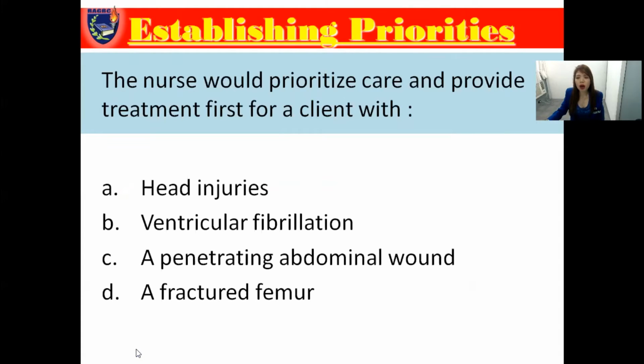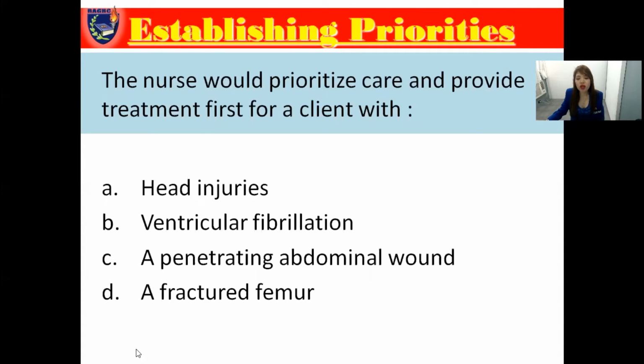So if you are being asked this kind of question, you have to know which among the following is the most life-threatening. Letter A, head injuries, yes, that can lead to increased ICP or intracranial pressure, but there is no manifestation suggesting so. Letter B, ventricular fibrillation.